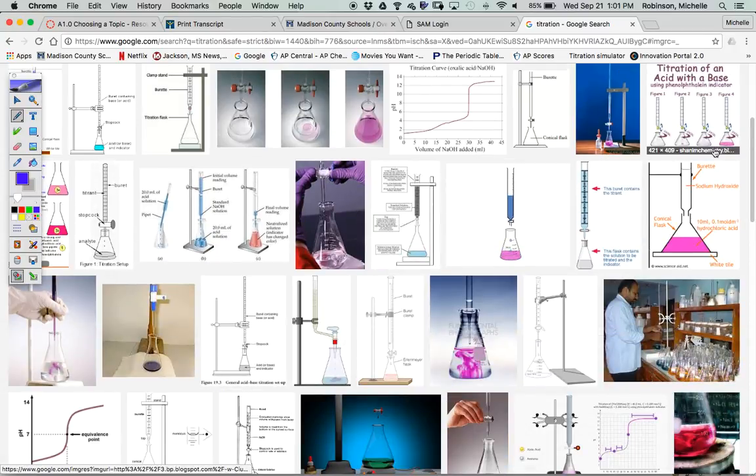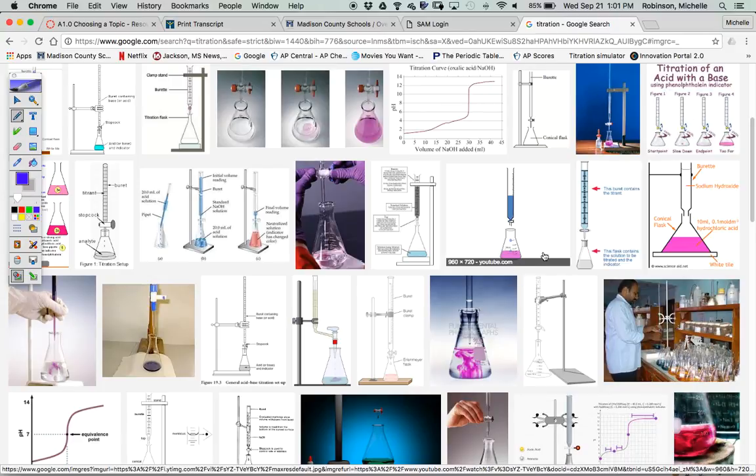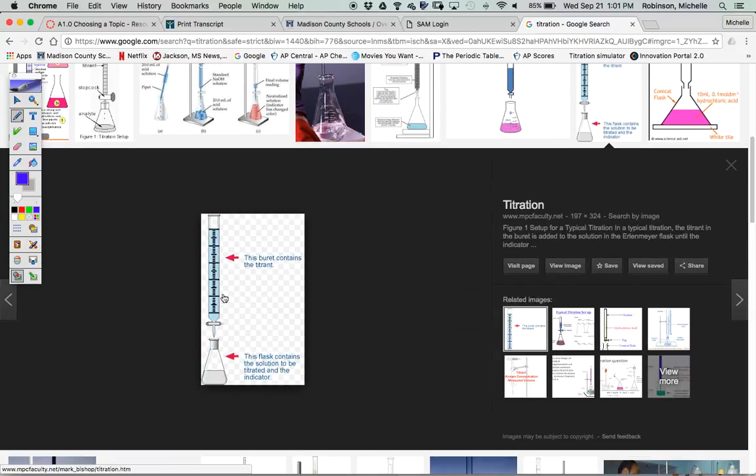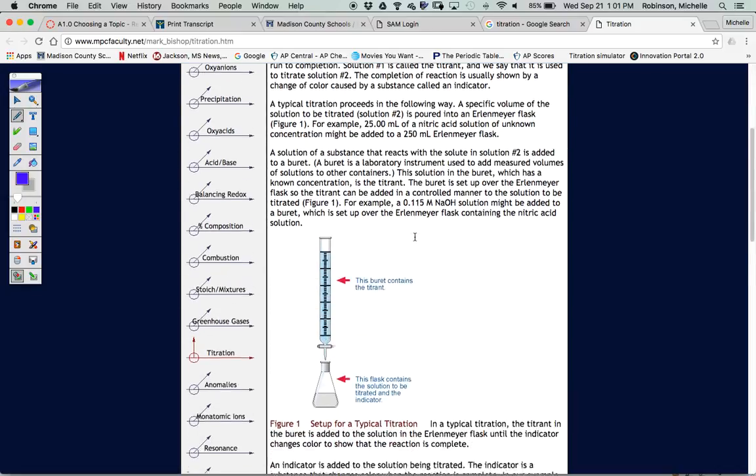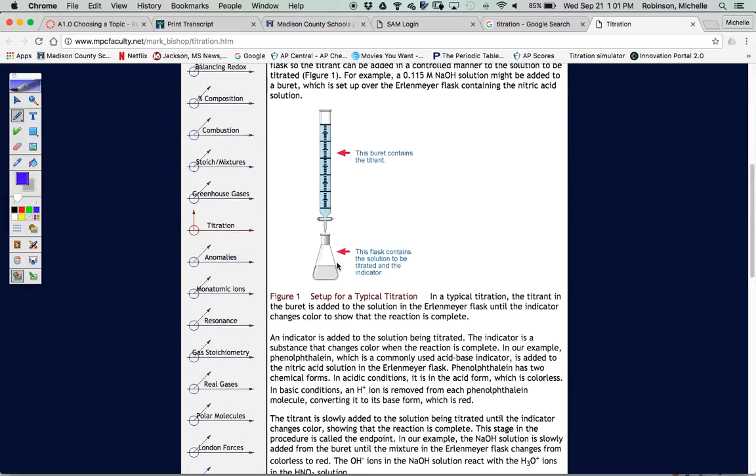Okay, so basically titration usually involves this type of setup. And usually it's an acid and base. In the particular problem we're talking about, it's not. But in this case, there's a solution in the burette that contains the titrant. It's what you're titrating with. And then the flask contains the other solution to be titrated, and it has an indicator in there. That indicator changes color, usually by pH.